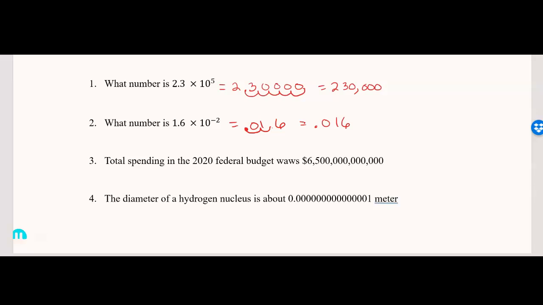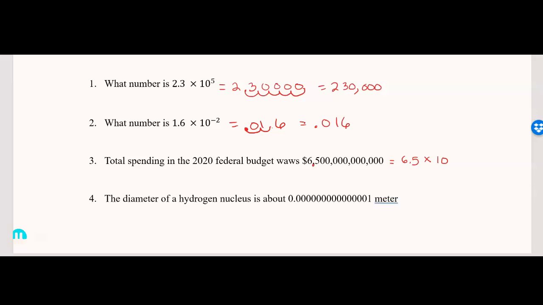Number 3, the total spending in the 2020 federal budget was 6.5. Look at all those zeros. Yeah, that's a lot, right? Let's turn this back into scientific notation. So I know it's going to be 6.5 times 10 to something. But what I'm going to have to do is a lot of counting.